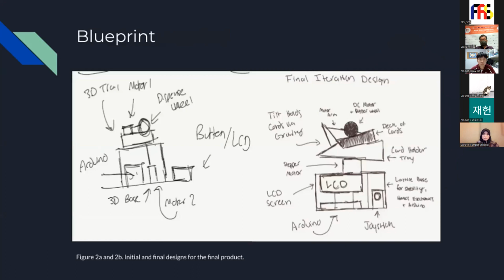This project went through many different iterations throughout the course of our design phase. On the left is the first iteration of the design we generated during brainstorming, and on the right is the final iteration we designed. You can see there are many similarities between the designs, but each has its differences as well.